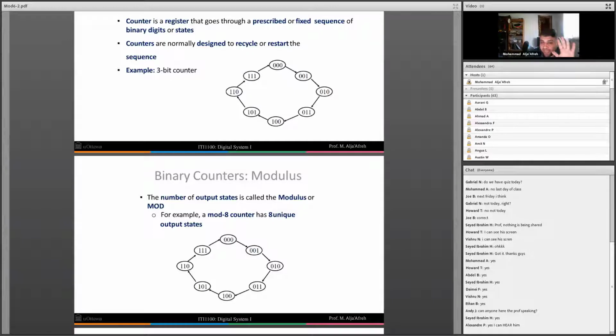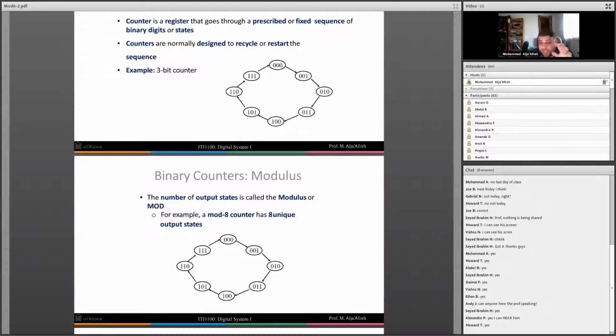Since we have 3 bits, that means we are going to have 3 flip-flops. 3 flip-flops give you 2 to the power 3 states. As such, we have a state diagram from 0 to 7.